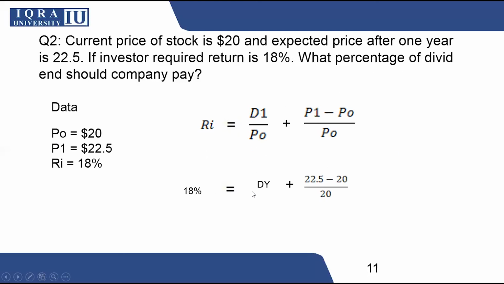Dividend yield or dividend percentage is missing from the question. P1 and P naught are given. So if you mathematically manipulate it, calculate this one and subtract it from the 18%, you will be able to get the dividend yield. So this is the final answer, 5.5%.